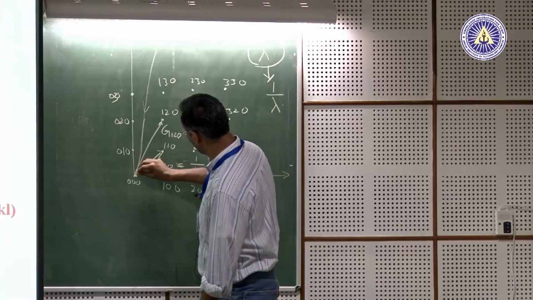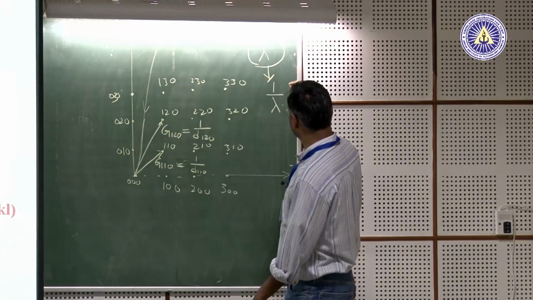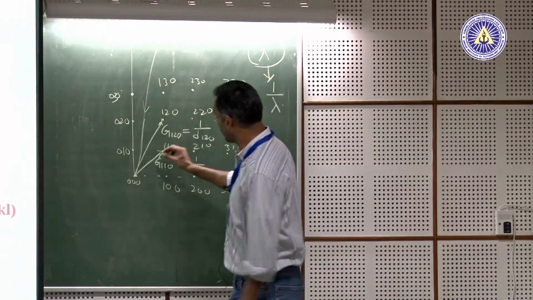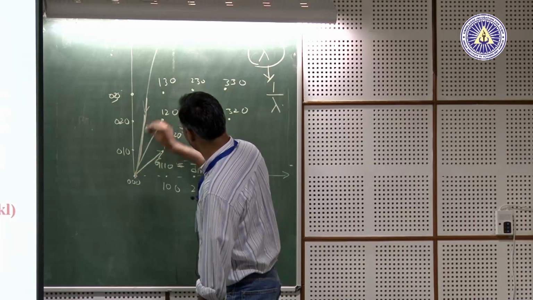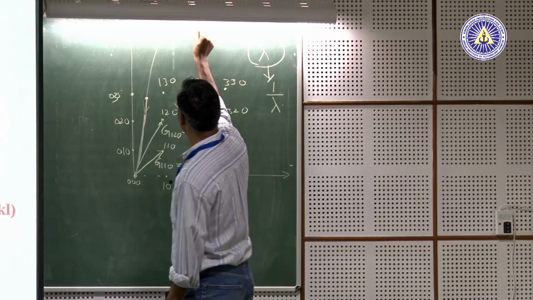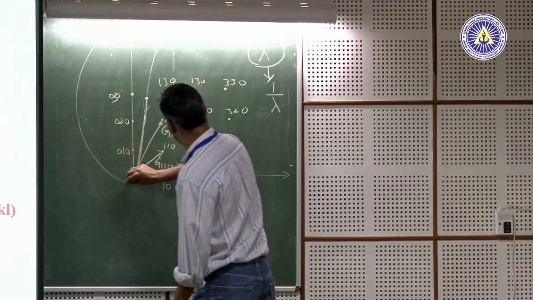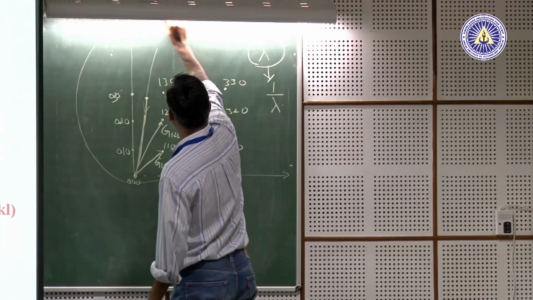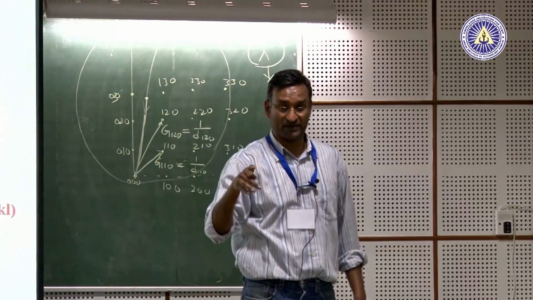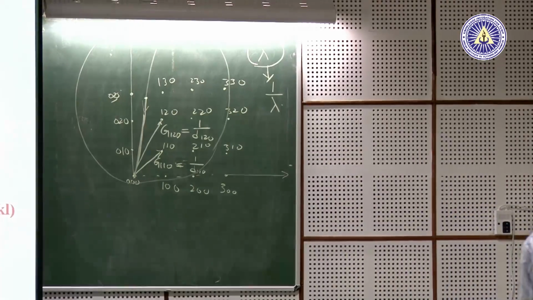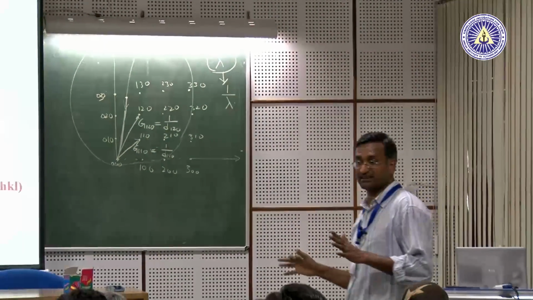So this 1 over lambda, depending upon the wavelength, lets you make a circle of radius 1 over lambda, and superimpose it, assuming that the wave is lying within this plane, which is possible if you have a single crystal.